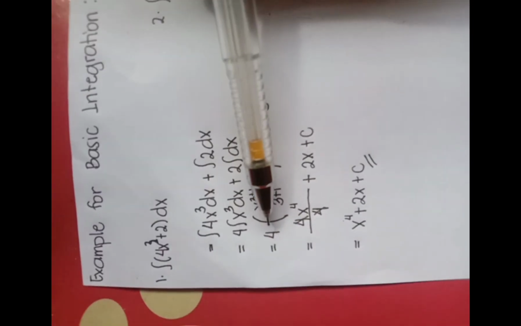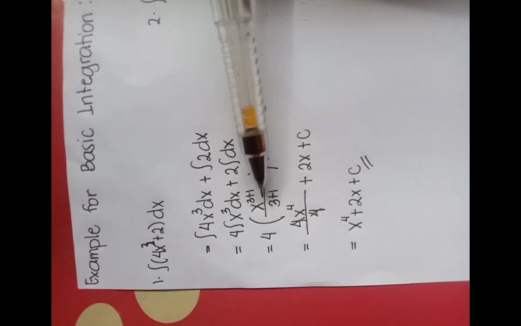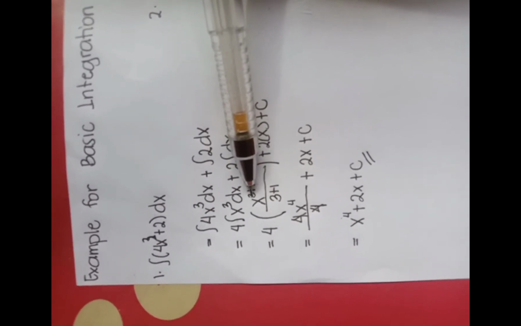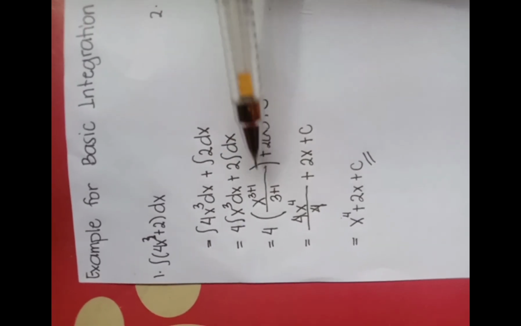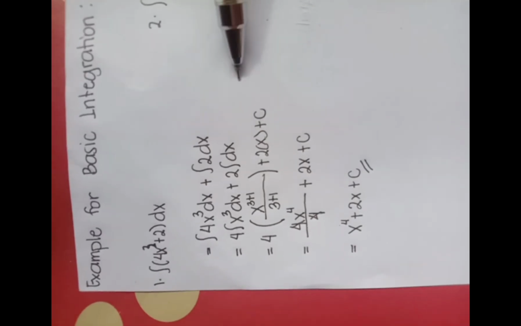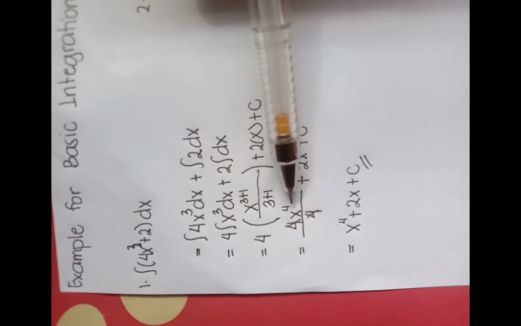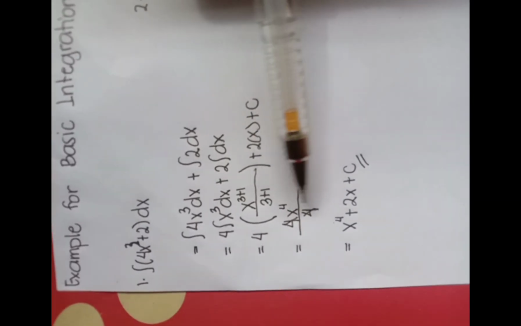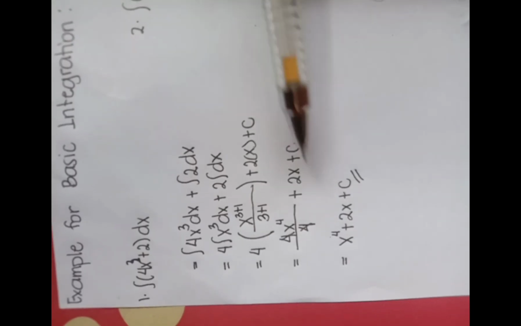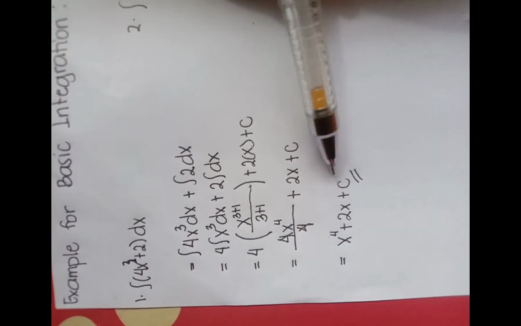So x cubed, 3 plus 1, following our formula x to the n plus 1 over n plus 1, plus 2x plus c. C is the constant. 4x raised to the power of 4 over 4. So cancel out the 4, plus 2x plus c. So the final answer, x raised to the power of 4 plus 2x plus c.